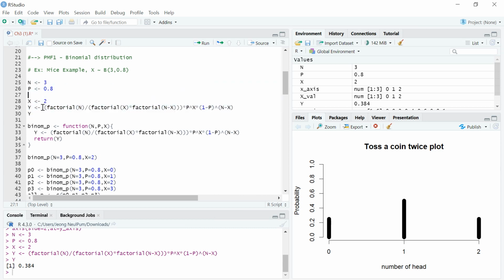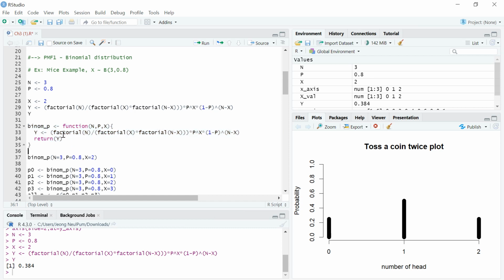So this is just one case for getting the probability. Then what if we want to get all of the densities from each situation? Then it will be easier for us to use a function in R programming. When you want to make a function in R programming, we use this kind of grammar.